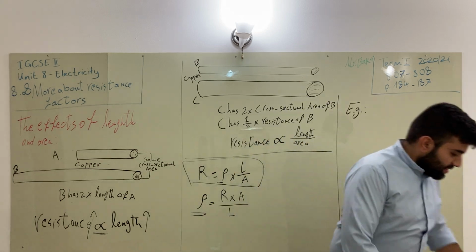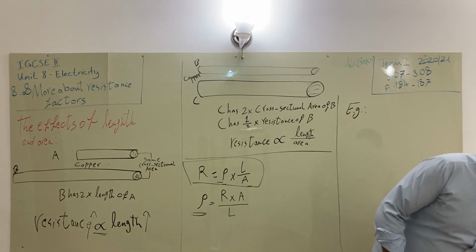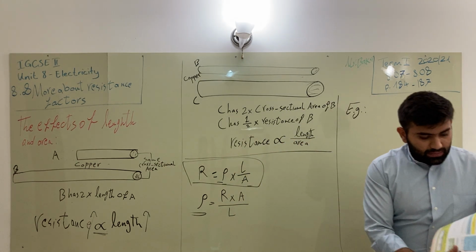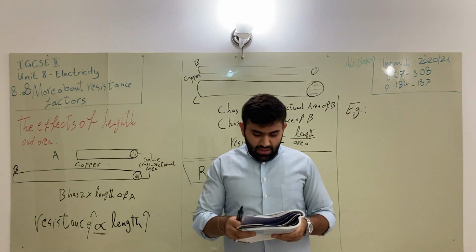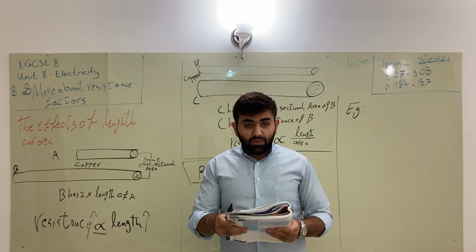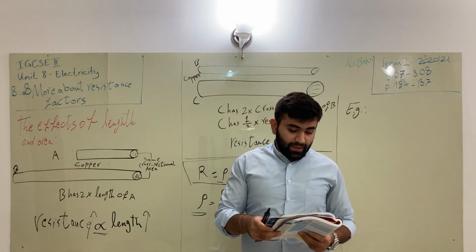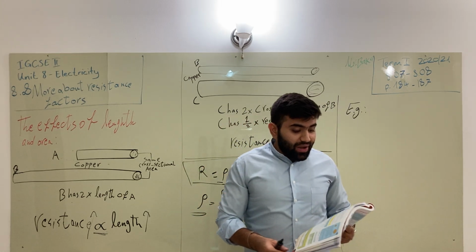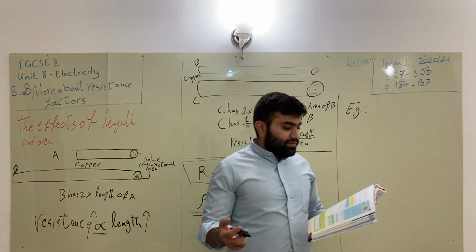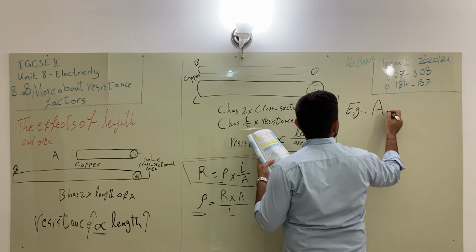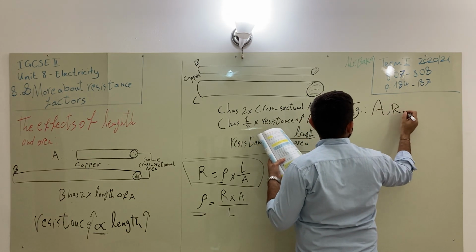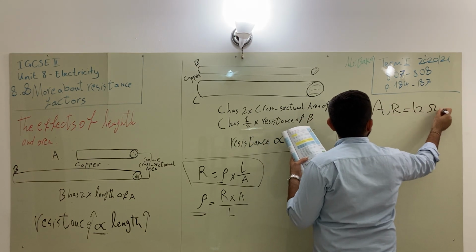So let's take an example where we apply everything we had. Open your book, page 187. Example: wire A has a resistance of 12 ohm.